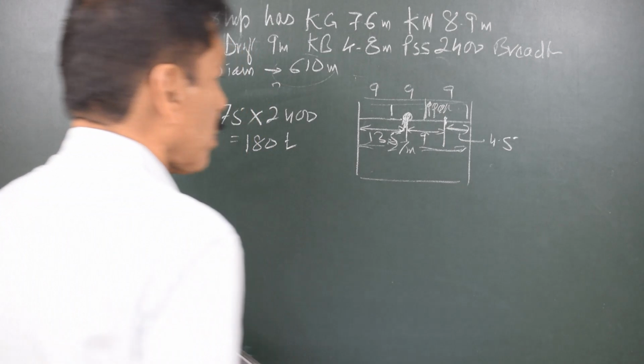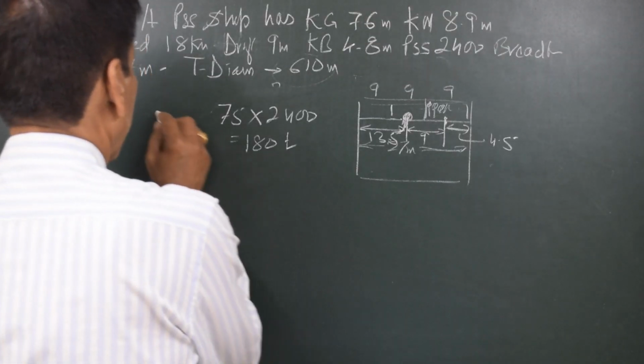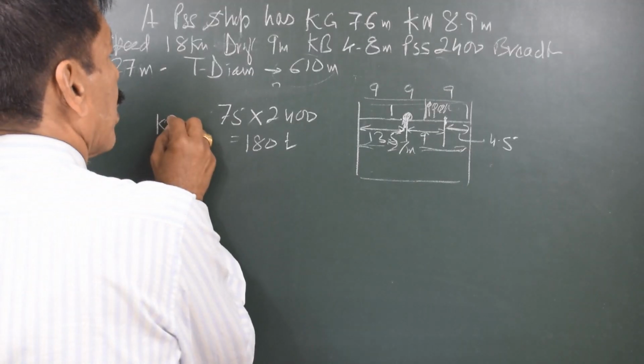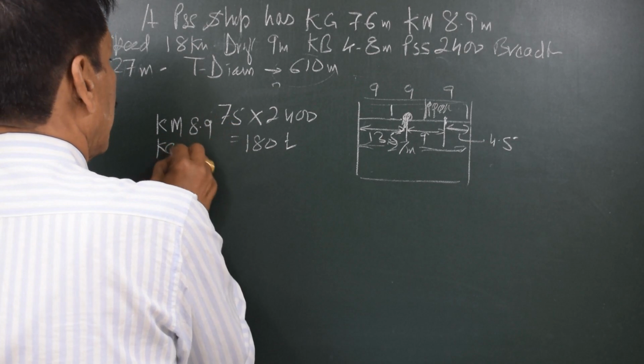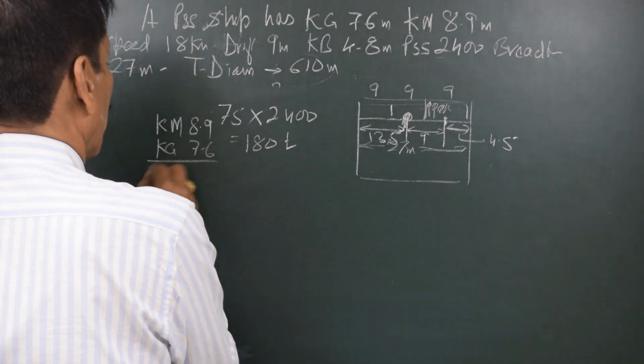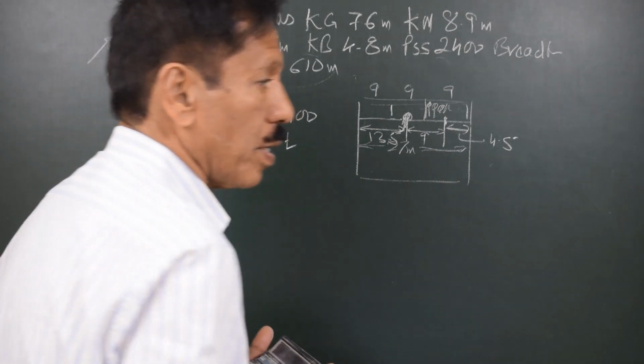There's another thing that happens. Initially the KM is 8.9, KG is 7.6, so GM is 1.3 meters.